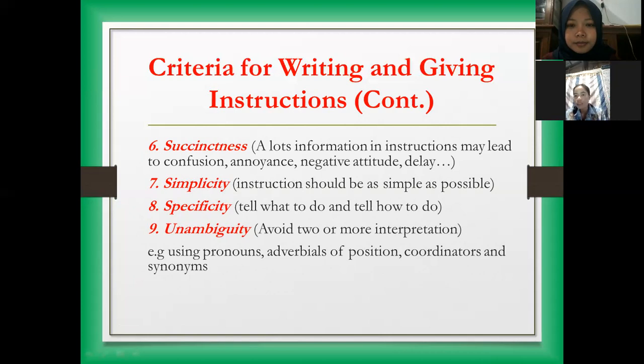And then unambiguity. This means avoiding two or more interpretations. For example, using pronouns, adverbials, or position, coordinators, or synonyms. For example, we talk about the cow, and then we don't want to say cow again, so we put animal, and after that we say, what kind of animal, the kind of animal that we can find in the forest, that we can eat.